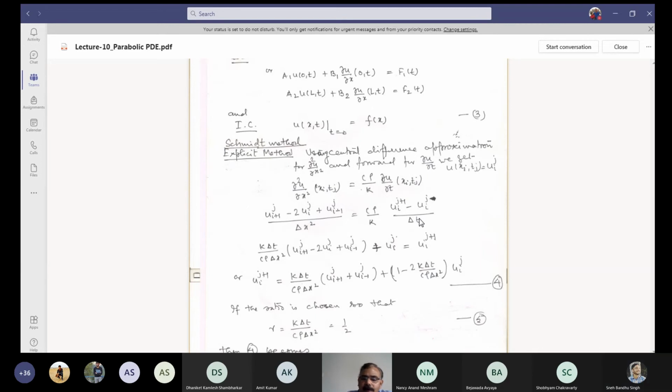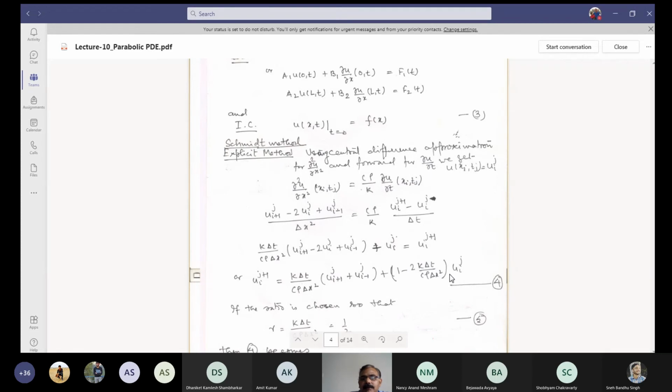Yes, sir. After that, whatever equation comes is called your explicit method or Schmidt method. It comes out to be u_i^{j+1} equal to k delta t by rho delta x square times u_{i+1}^j plus u_{i-1}^j, plus 1 minus 2 times k delta t by rho delta x square times u_i^j.